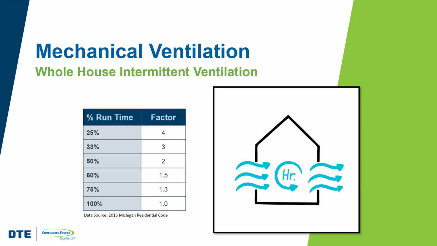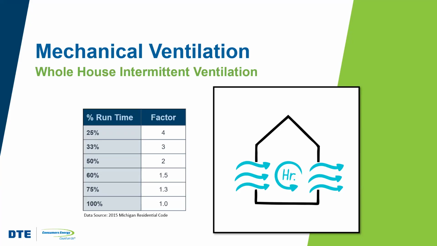For every 4-hour period, the intermittent system has to provide a ventilation that's equivalent to what would be provided under continuous operation. So, for example, if the system were to only run half of the time, then the intermittent ventilation rate would have to be twice the continuous rate.